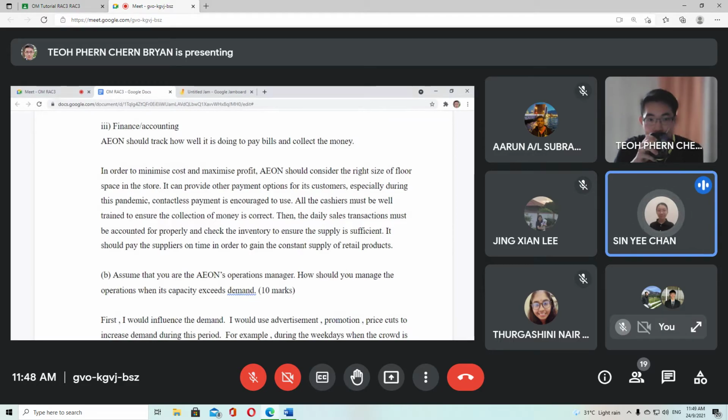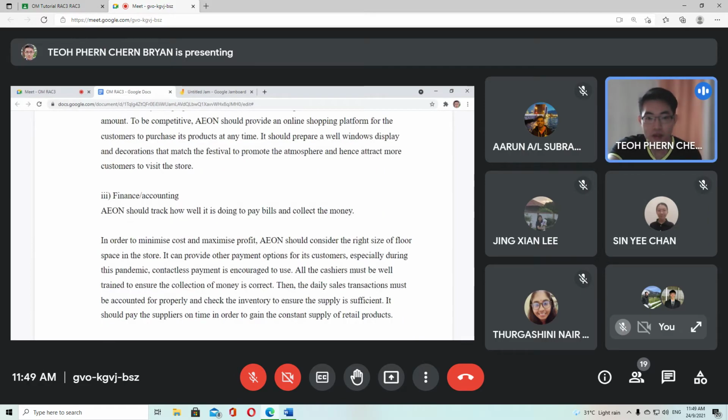All the cashiers must be well trained to ensure the collection of money is correct. Then, the daily sales transactions must be accounted for properly and the inventory checked to ensure the supply is sufficient. It should pay the suppliers on time in order to gain a constant supply of retail products.